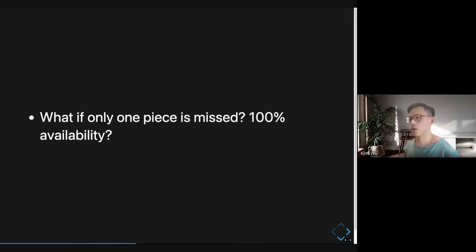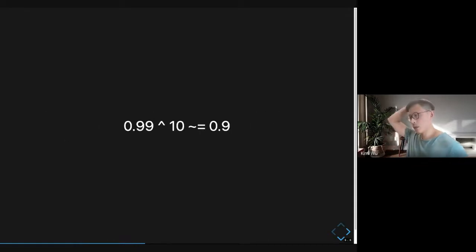And the next question is, what if only one piece of data is missing? That means you need to check 100% availability. Let's take an example and do some simple math. The 0.99 here means you own 99% of the data, just like I said, you only miss one piece. And the 10 here means every node samples 10 pieces.